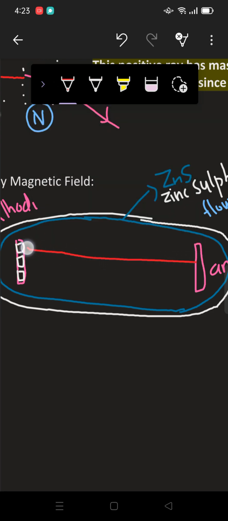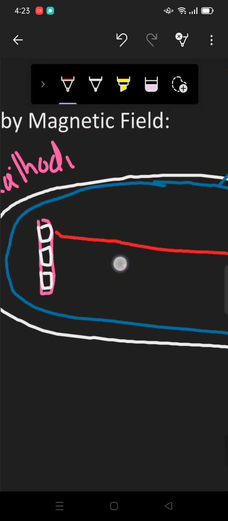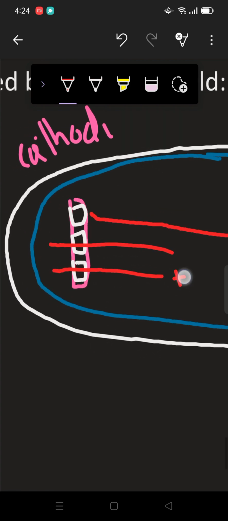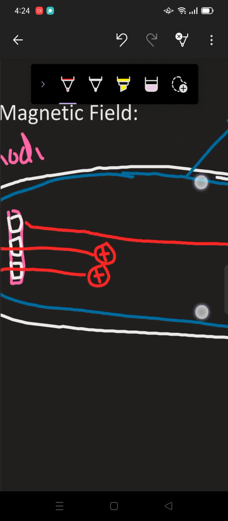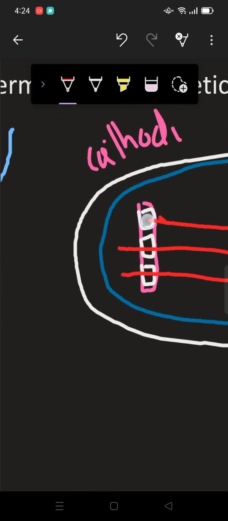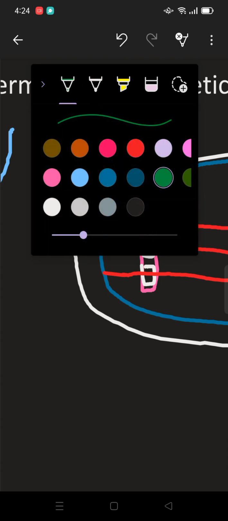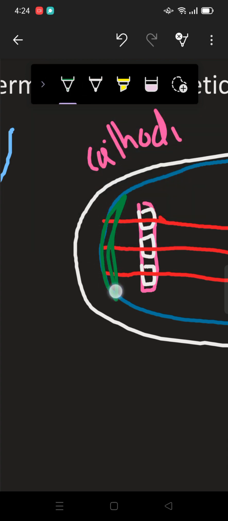Here we have positive rays passing through the holes. When they strike the wall of the tube, they glow, and the glow is green.